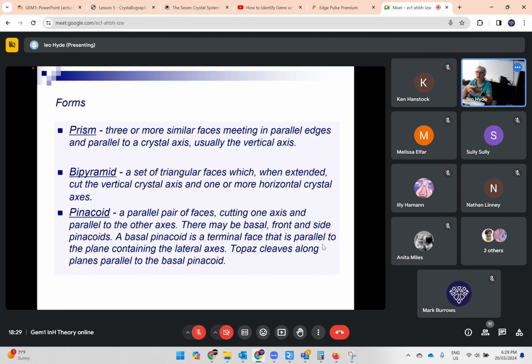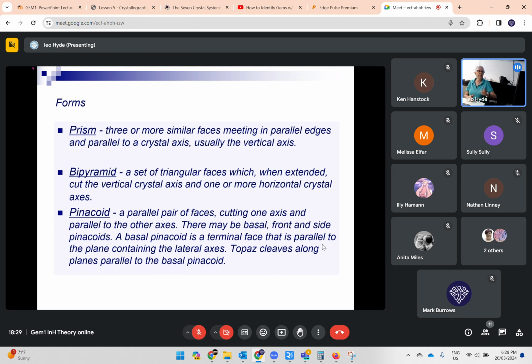That's all you get, and maybe a basal pinacoid, which we did last week. In the hexagonal, it's the same thing: you get prism faces, basal pinacoids, and pyramids. Now, when you get to the trigonal system, each of the different gemstones has a different set of forms, of faces that belong there.